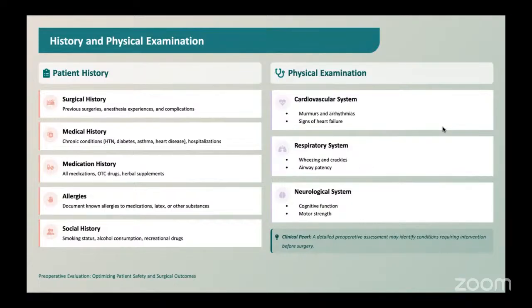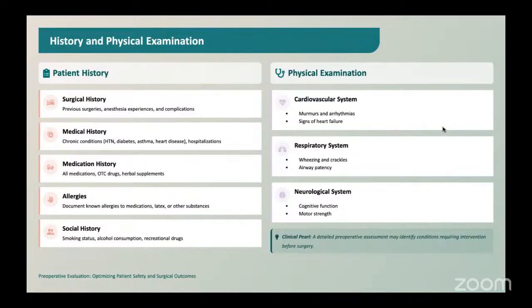Medication history is the medication that the patient is taking, and also keep in mind any other things that could affect the anesthesia, like herbal supplementation or OTC drugs. We also need to know the patient's allergy history, if he has any medication allergies, latex allergies, or any other substance. Also, we dig into social history, and we ask about smoking status, alcohol consumption, and drugs as well.